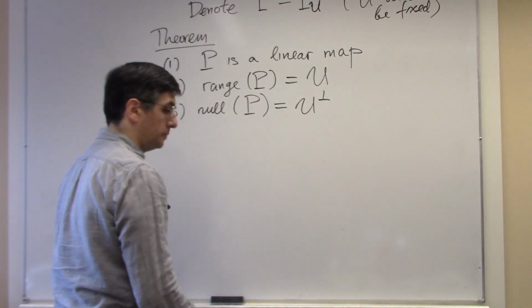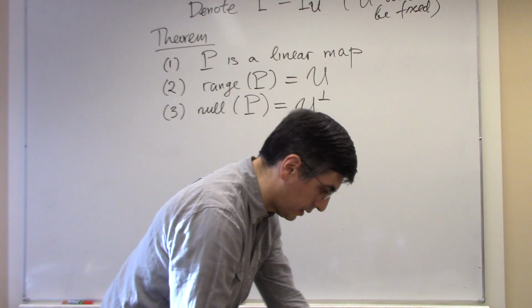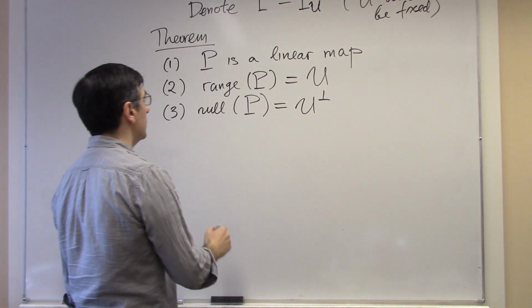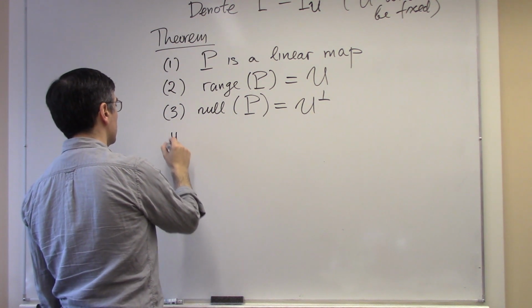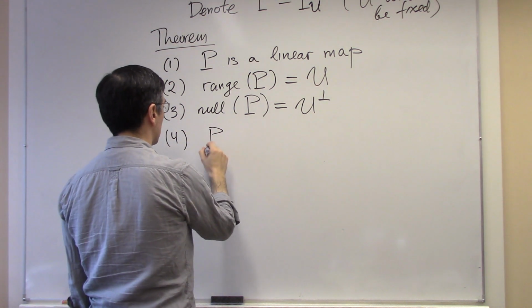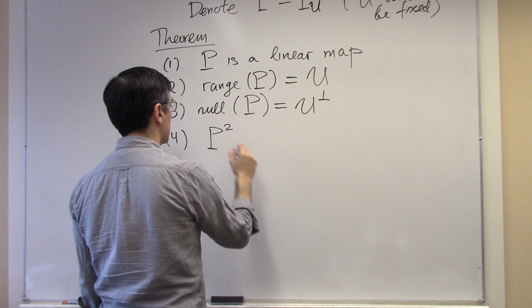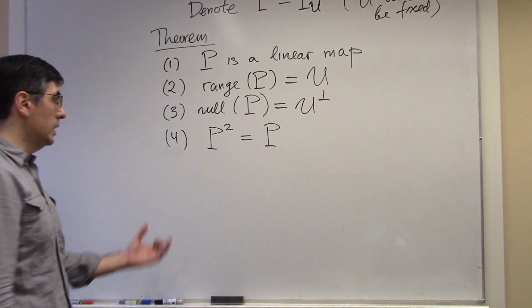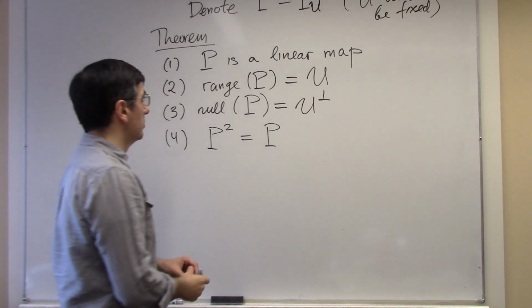And then we also have property 4: if you apply P twice to any vector, it is the same as applying P to that vector just one time.